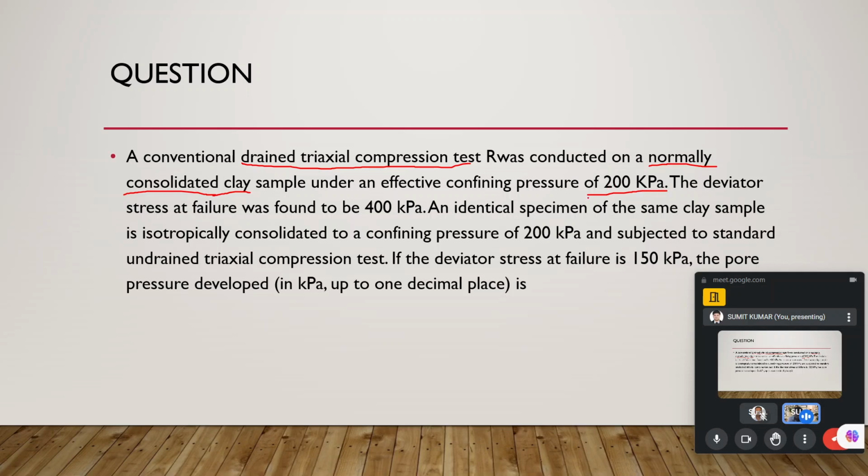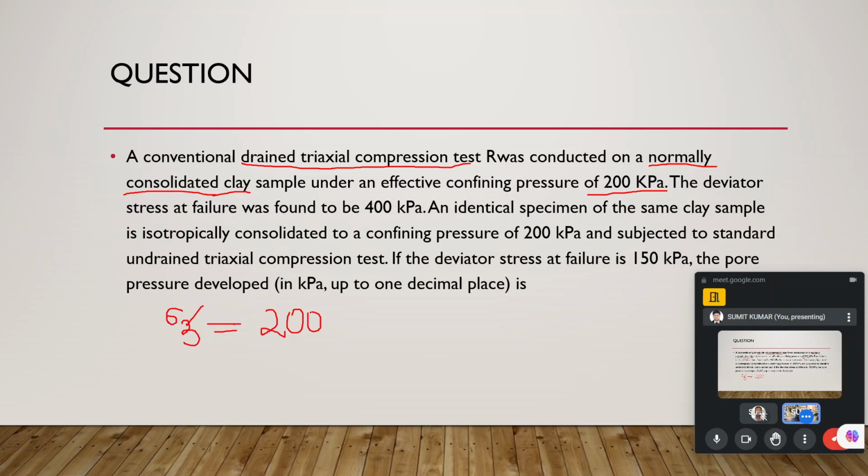When we talk about the effective confining pressure, it means we have sigma 3 dash. So sigma 3 dash is 200 kilopascal.